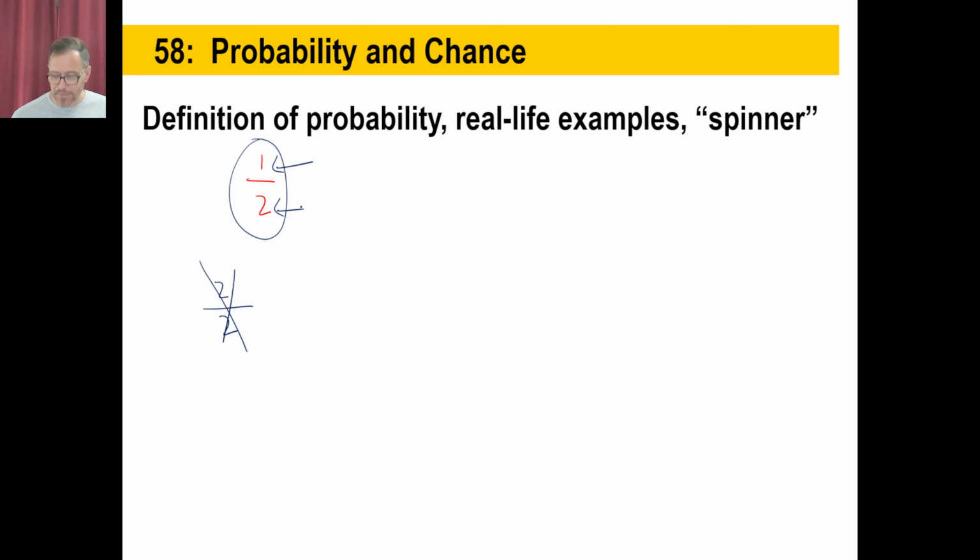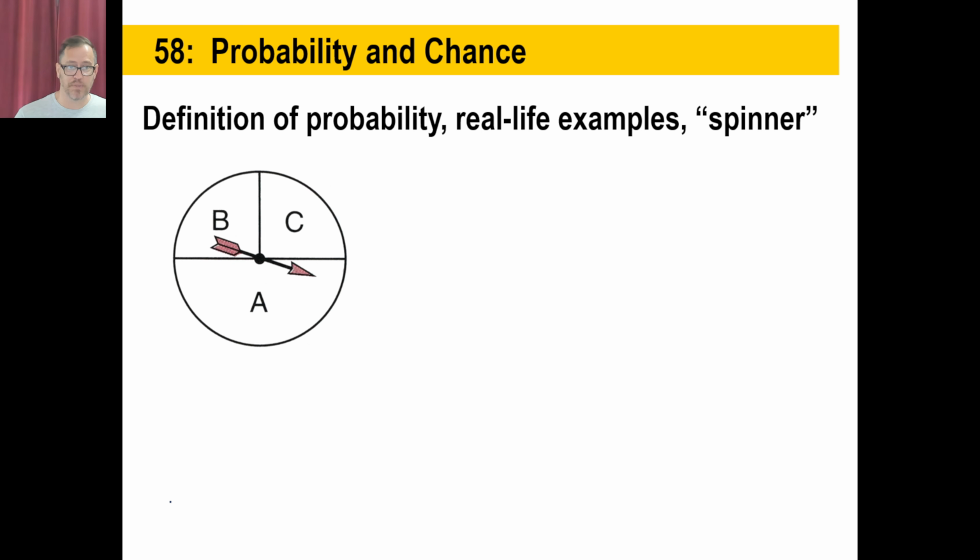So let's take a look at a spinner. You see these sometimes in games, like Chutes and Ladders. There's an example of a spinner. Somebody might say, what's the probability of landing on B if you spin the spinner? Well, unless the spinner is stuck or there's something wrong with it, you can tell that B is only 1/4 of the entire spinner.